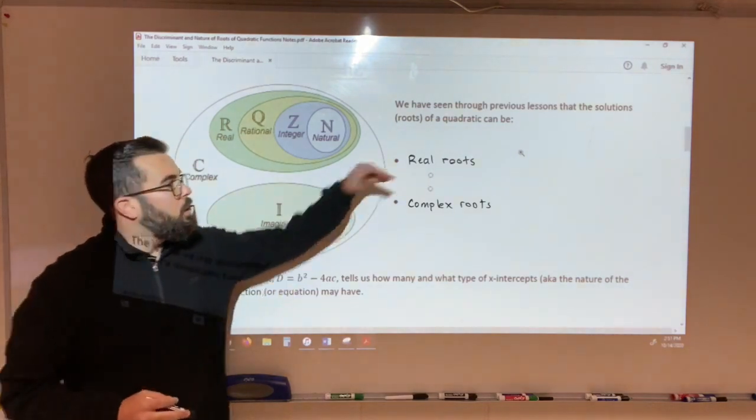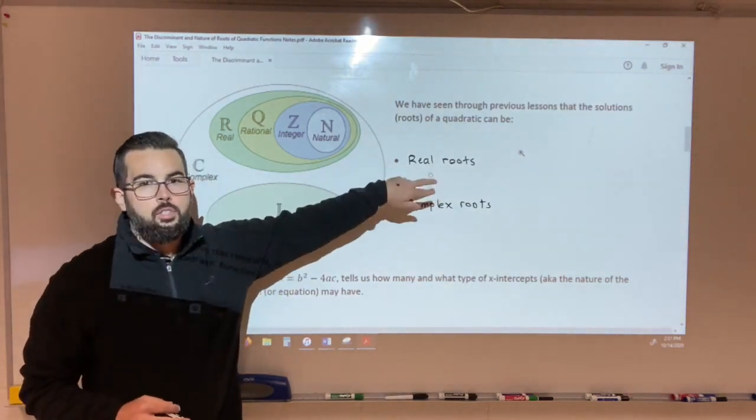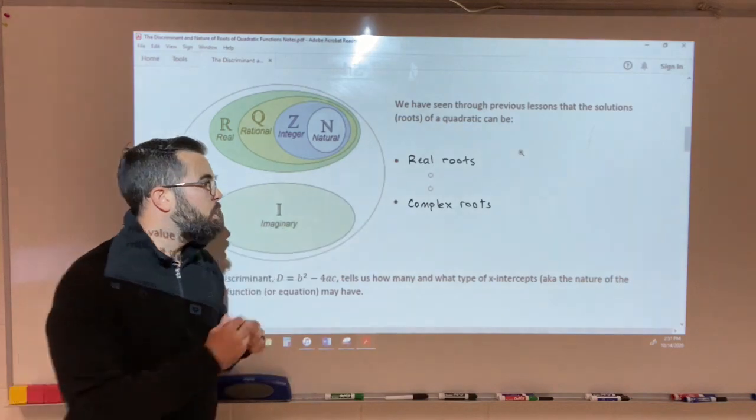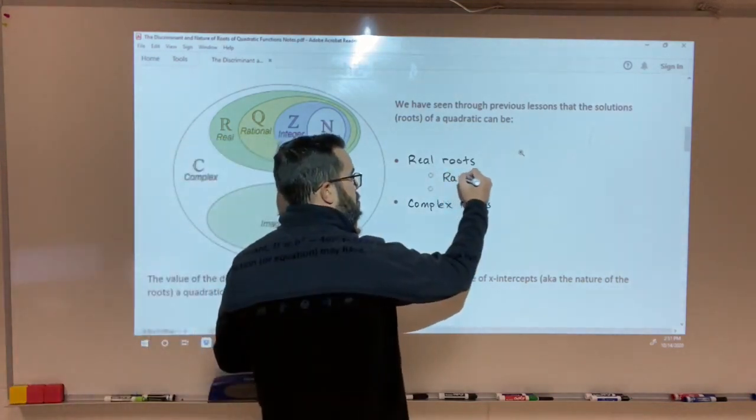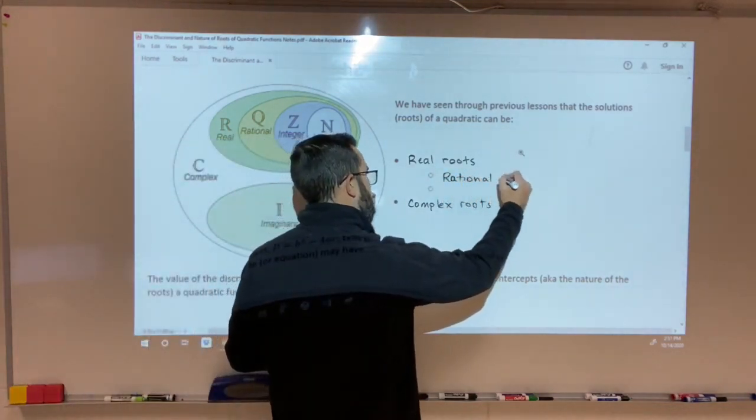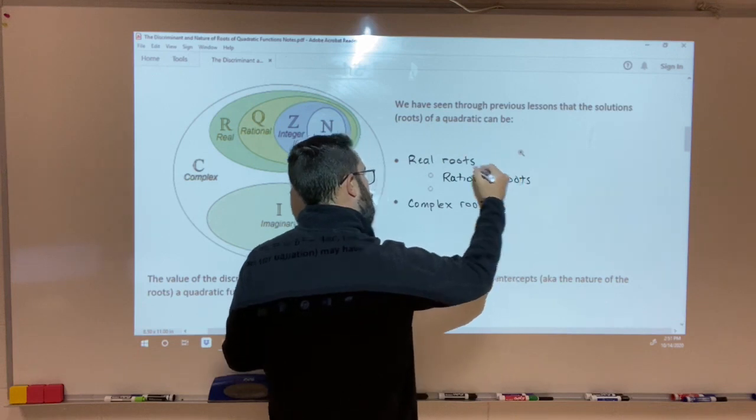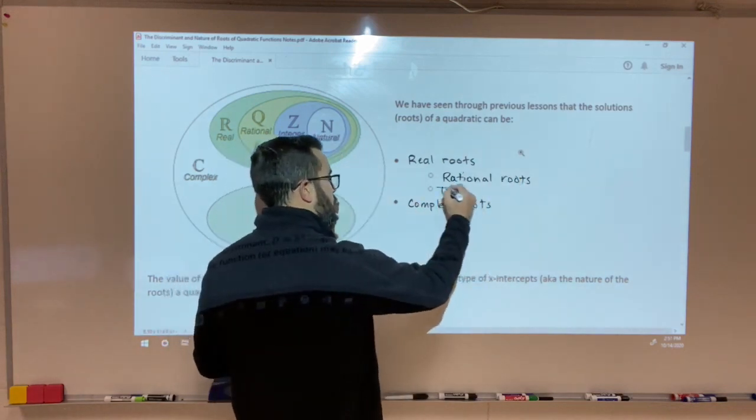Okay, now under real roots, there's kind of two subsets of the real roots. We can either get rational roots or irrational roots.